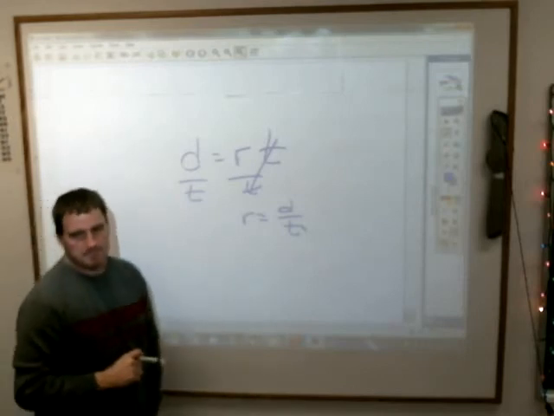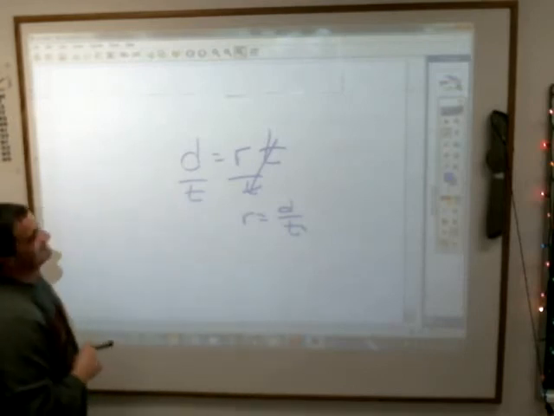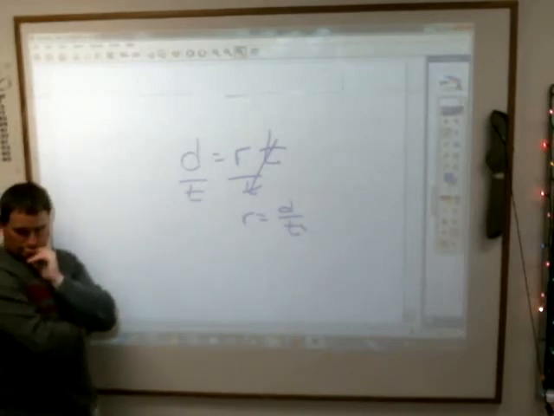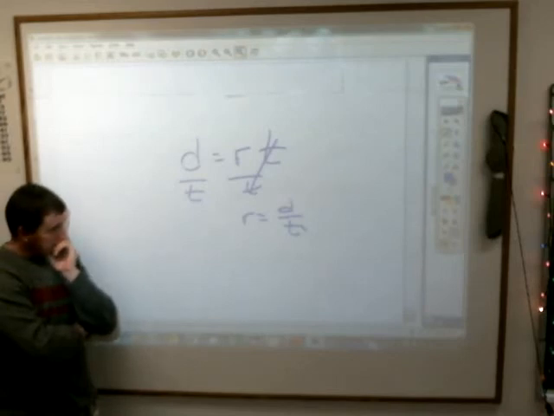Actually, that is very much correct. It's just another way of putting down the formula for rate.